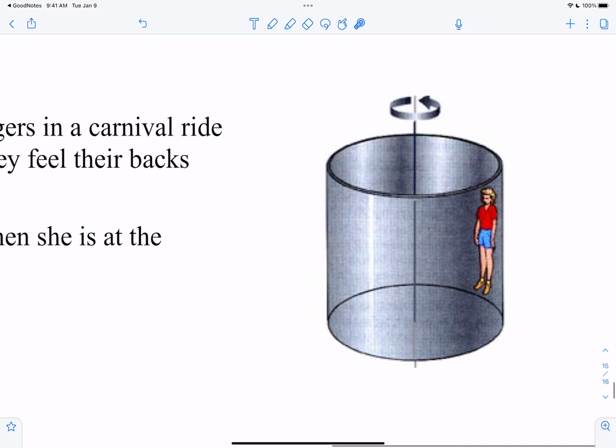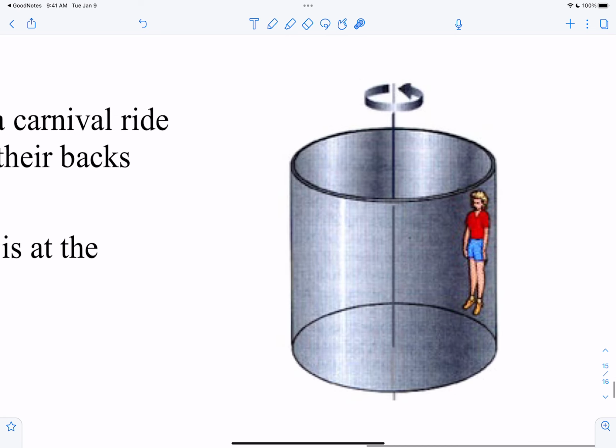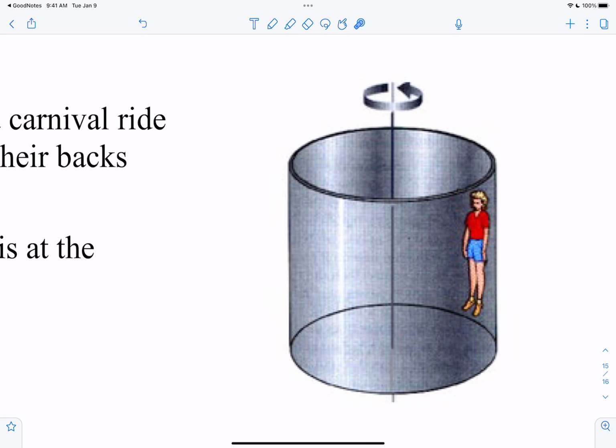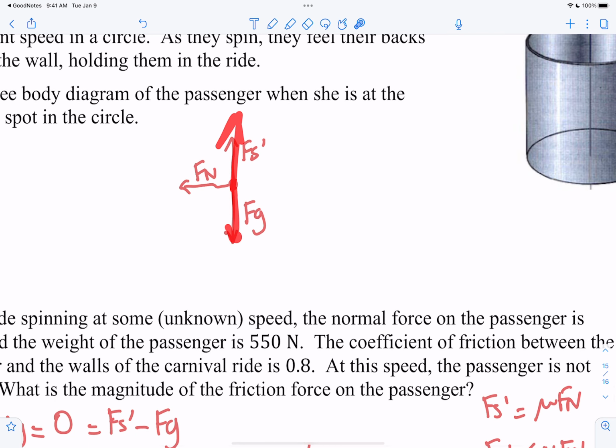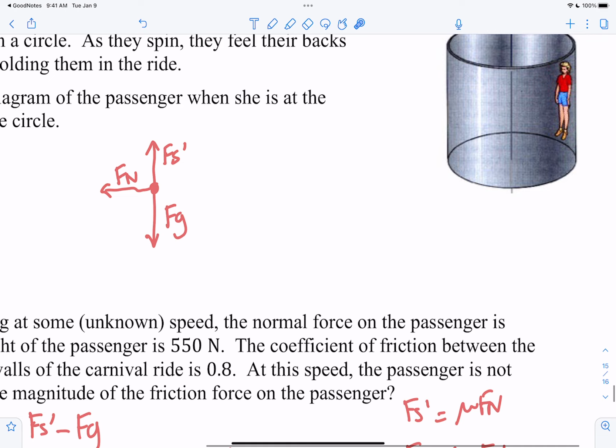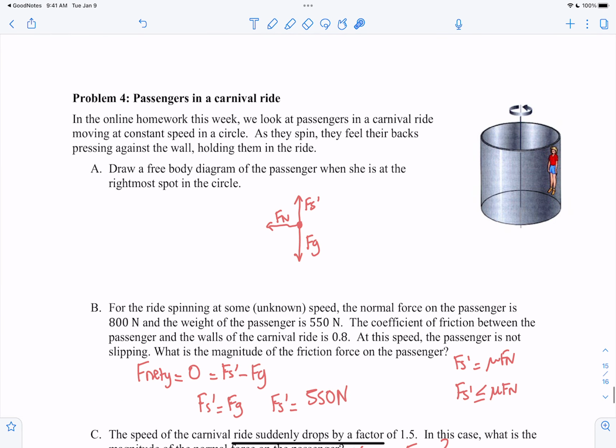And so that's where the definition gets a little bit iffy. I wouldn't say necessarily that the person would be moving upwards, because it would make sense that if the net force is positive, because static friction force is greater than Fg, it would be moving upwards, right? But I think static friction force is a force that prevents slippage.